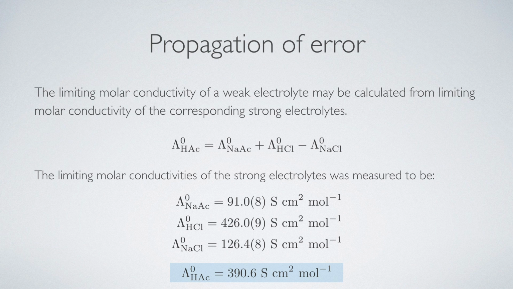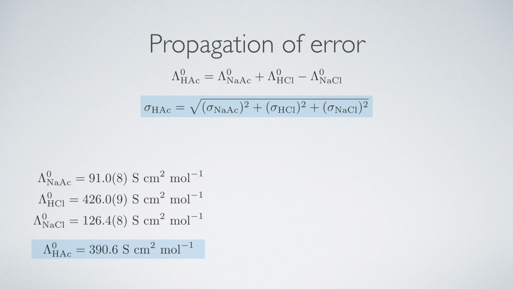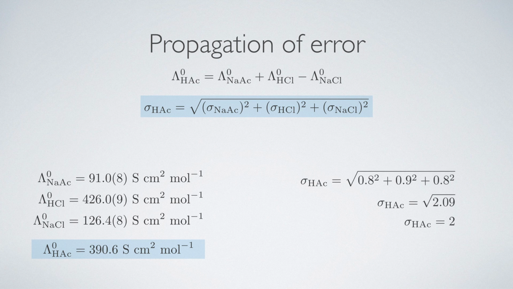For my propagation of uncertainty, I could just go with the simple option of adding all of the uncertainties up, or I could go with the slightly more detailed version using this error calculation. In this case, I have an uncertainty of 0.8 in my sodium acetate, 0.9 in my HCl, and 0.8 in my sodium chloride.